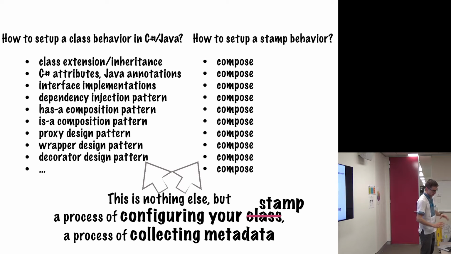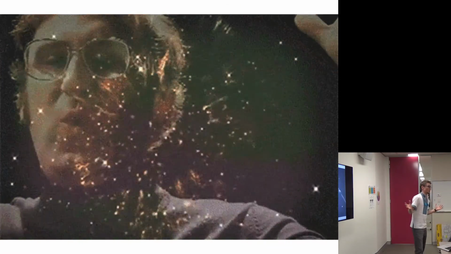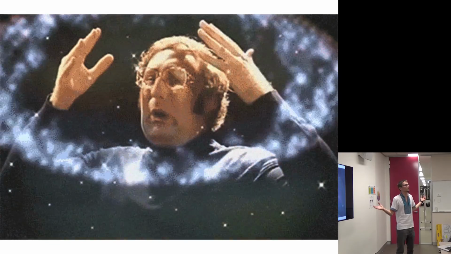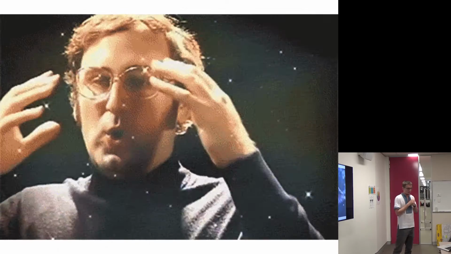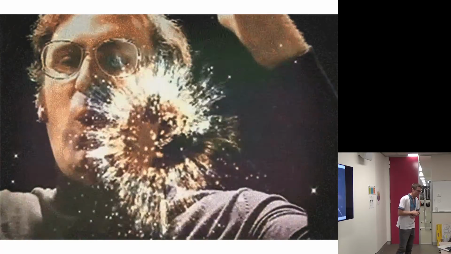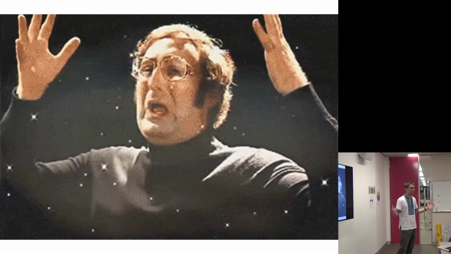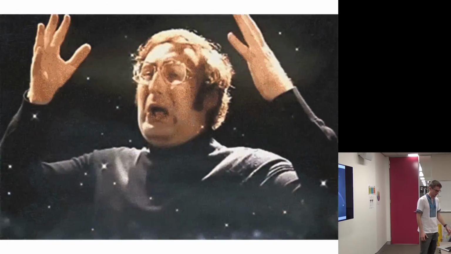Okay, when I realized that some time ago, I was like, why the hell do I need all those design patterns? Why are the languages so limiting me? And why did I even learn all those books and design patterns? That was my actual reaction. I was mind blown at that time.